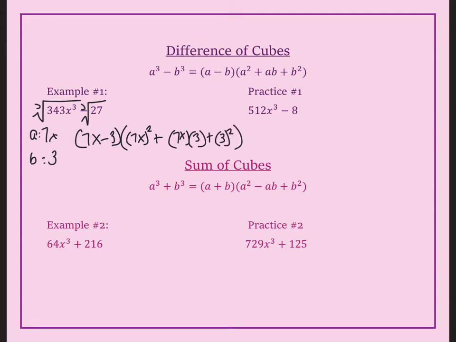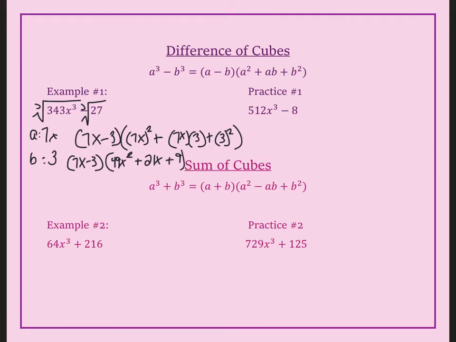Okay? Now our goal is going to be to simplify these, which means let's go ahead and get rid of the double parentheses. Right here, the biggest mistake is students putting 7x squared, but it's not. It's going to be 49x squared because I have to square the 7. Okay? We're going to multiply the two numbers in the middle and get 21x, and then 3 squared is 9.